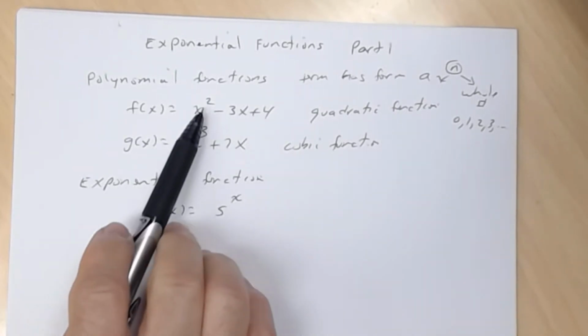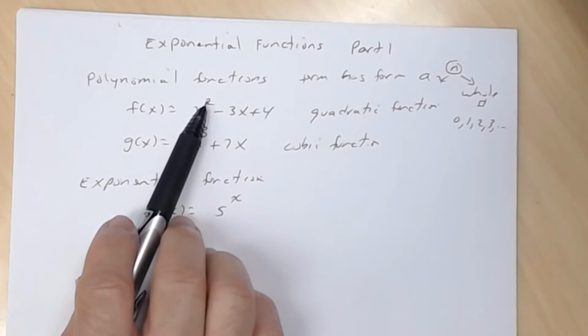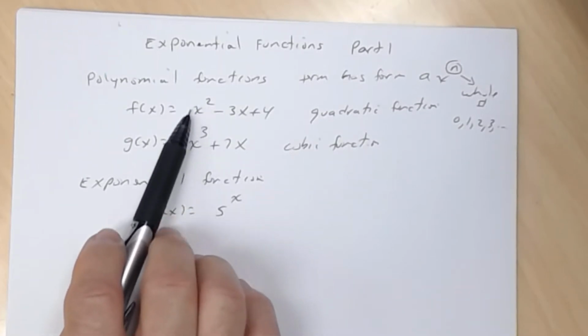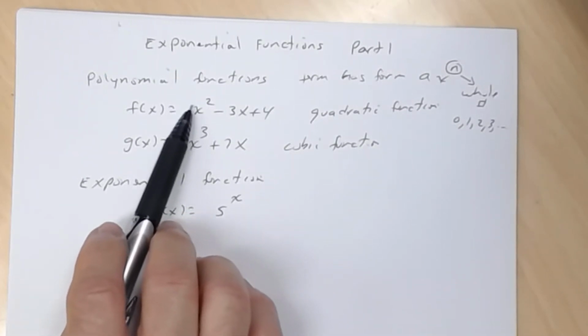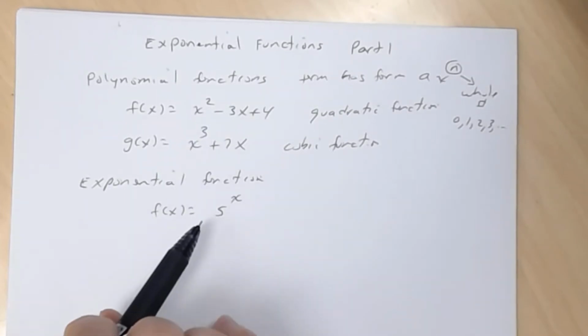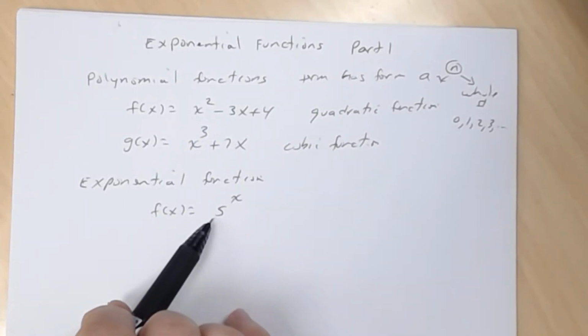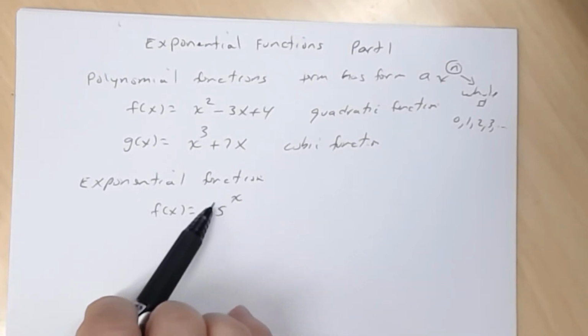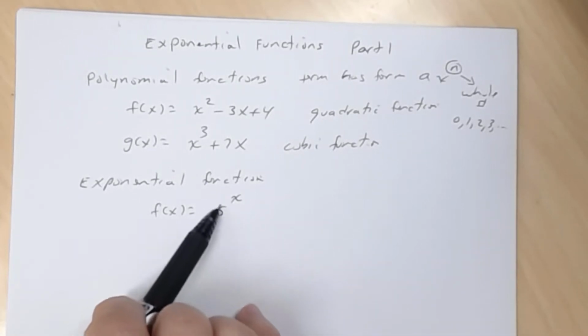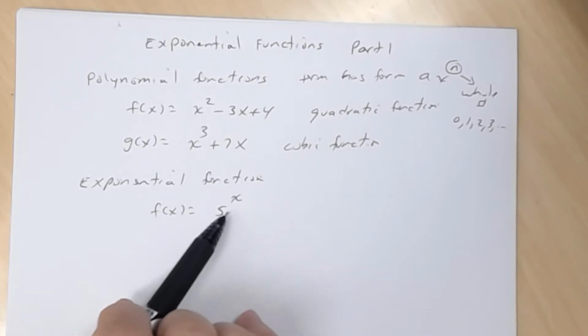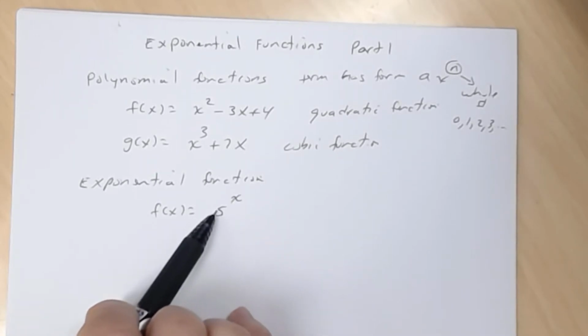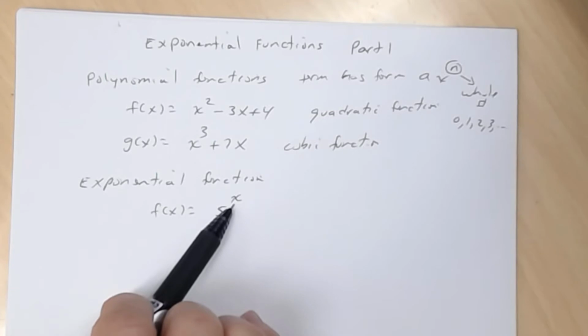See how these exponents here were whole numbers? And if you consider this your base, the base was the variable. Okay, look at this right here. It's just the opposite. The base is a constant, a real number, and the exponent contains the variable.